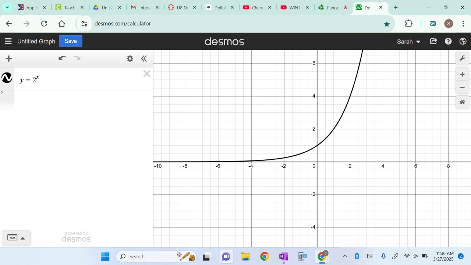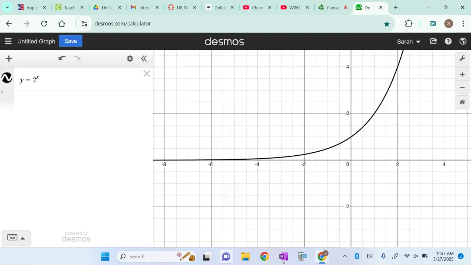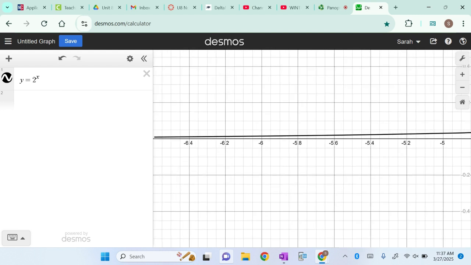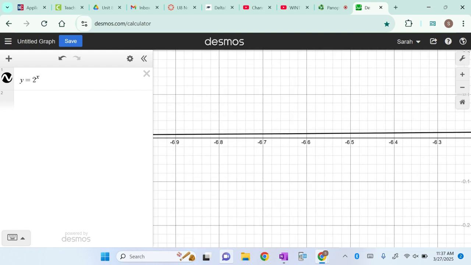What's happening to that graph? What's happening as it gets to 0 when x is 0? What happens as it's getting closer to the x-axis? It gets closest to it, but does it ever cross? No.